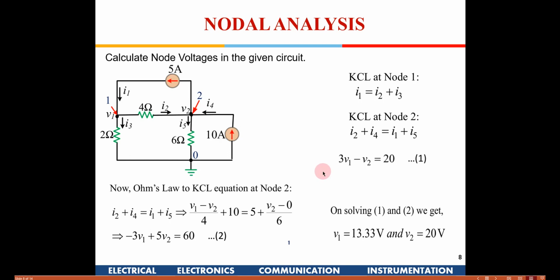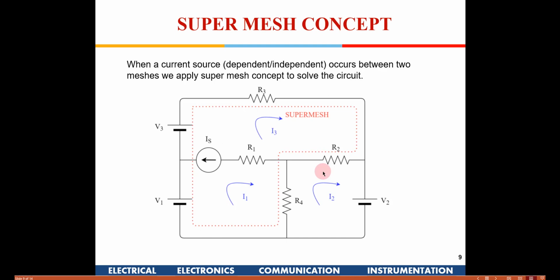Okay. So now let's take something which is known as the super mesh concept. Here sometimes in circuits you have a current source. It could be an independent current source, or it could be a dependent current source also.